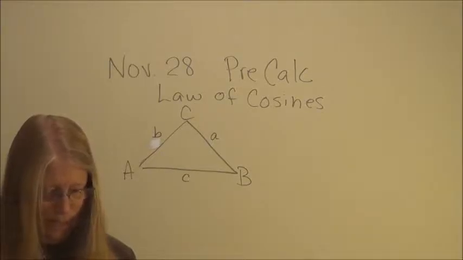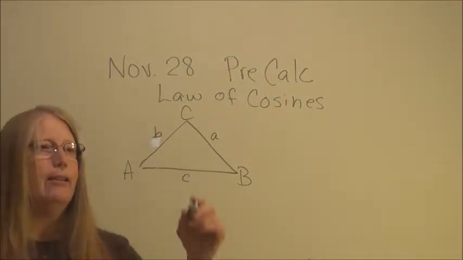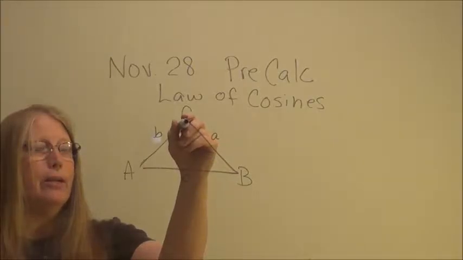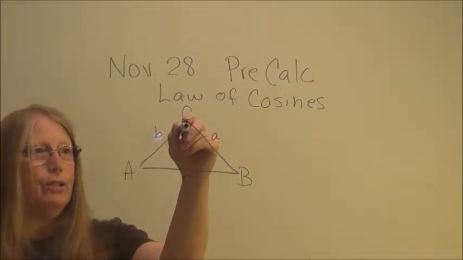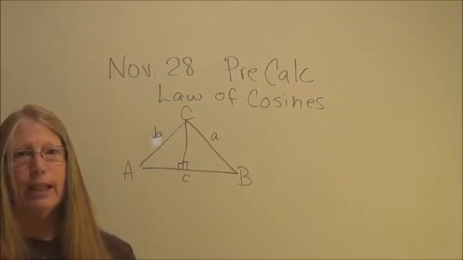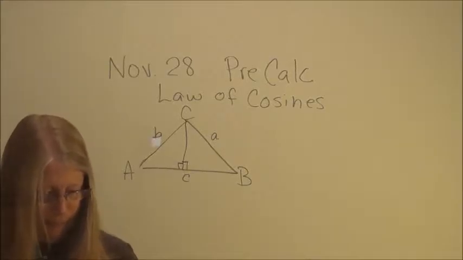So to do that, I am going to make a right triangle inside of my non-right triangle by dropping an altitude from angle C to the side opposite. This is meeting the base at right angles, indicated by the little marking there.